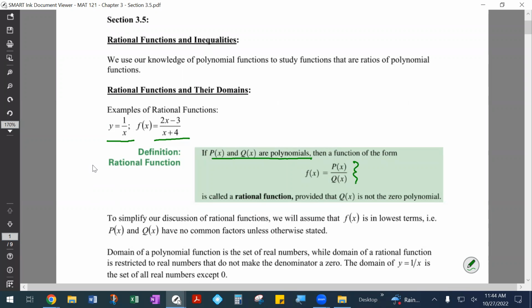You're setting them up in this rational form, as a fraction. The only thing we have to be careful about is that the denominator cannot be the zero polynomial, because it is still a fraction. We're still writing it as something divided by something else, and division by 0 is still undefined. So remember that the denominator function cannot be 0.